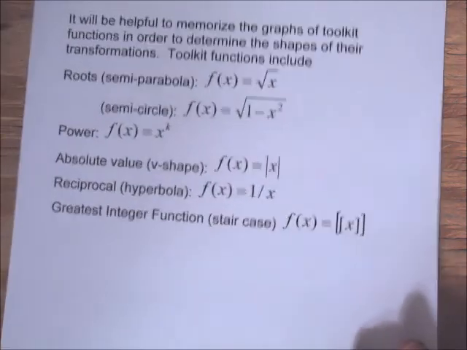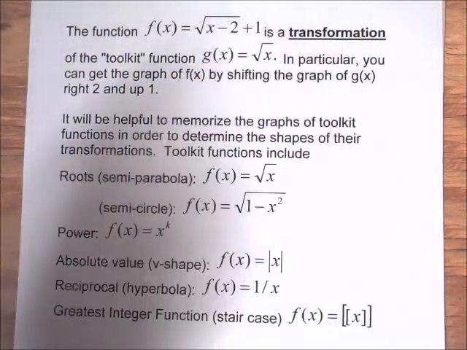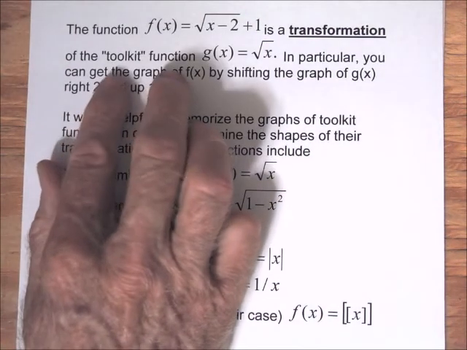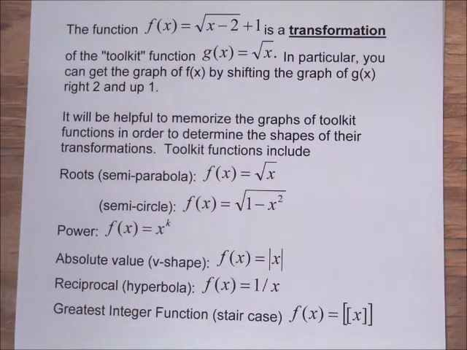Okay. So this function here is a transformation of a so-called toolkit function. This toolkit function refers to functions that are fairly common and can be used to inform us about the graphs of other functions.